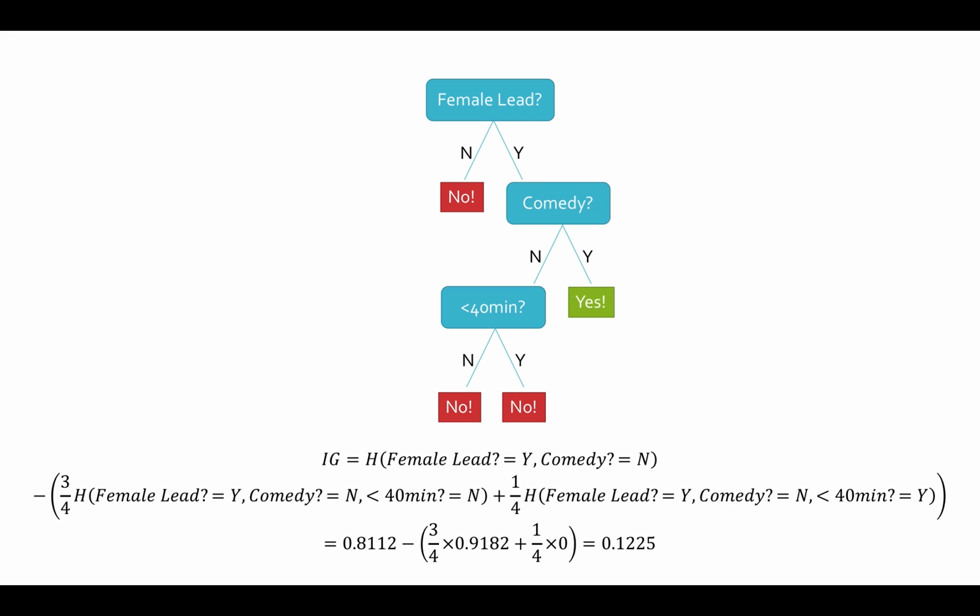It looks a little bit more complicated, but that's just because we're using this notation. So now we're only dealing with the entropy at female lead equals yes and comedy equals no, right? So we're only dealing with those 4 samples. And we end up with this information gain of 0.12, so pretty low. Make sure you calculate this on your own and get the same value.